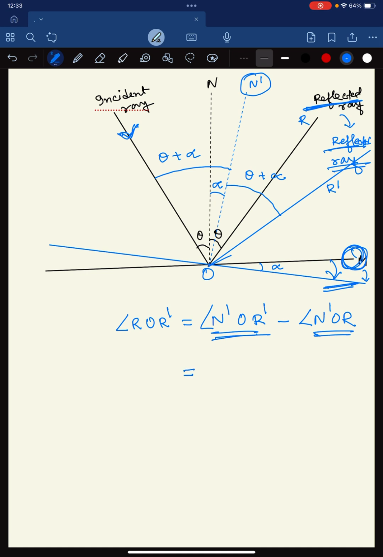What is n dash O R dash? N dash O R dash is nothing but theta plus alpha. And what is n dash O R? We have to find n dash O R, means this angle, right?